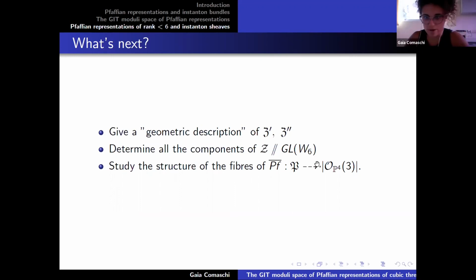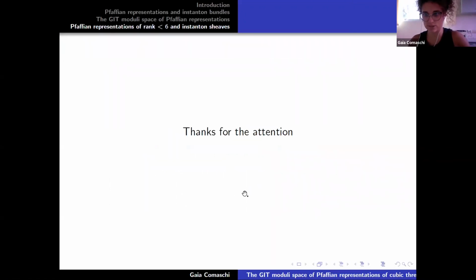Once we have done this, what can we say about the extension of the Pfaffian map to the locus Z? And what can we say then about the structure of the fiber, so about the compactification that we will get of the moduli space of instantons? And so that's all, more or less.